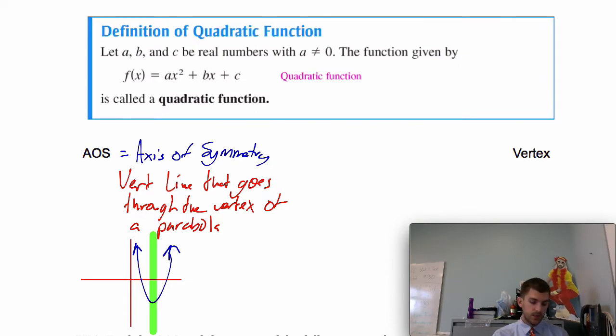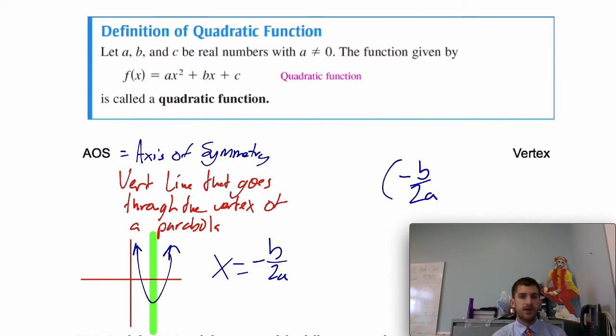The equation we're going to need is x equals negative b over 2a, or the opposite of b over 2 times a. For the vertex, we're going to use the coordinates negative b over 2a, literally what we just had for the axis of symmetry, and then f of negative b over 2a. So those are our x and y coordinates.